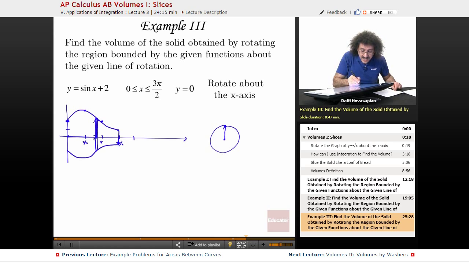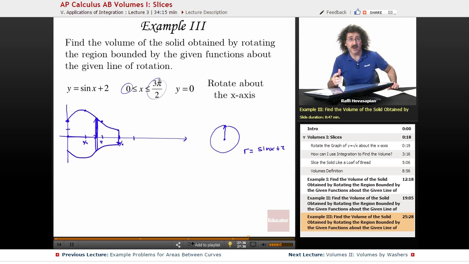If I go out x, my height is going to be sine x plus 2. So in this case, my radius equals sine x plus 2. Well, 0 is the lower limit, 3 pi over 2 the upper limit. I didn't have to worry about setting functions equal to each other to find the x values. I was given the x values explicitly.